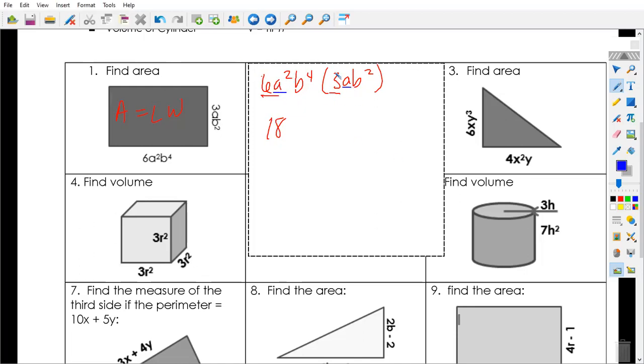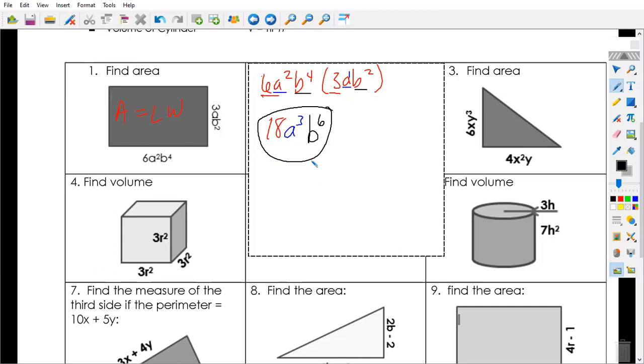Yes. Next, we're on to our a. We have a to the 2, a to the 1. What are we doing with their powers? We're adding them. So we get a cubed. Now we have our b. We have b to the 4th, b to the 2nd. Combine. b to the 6. So what is the area? That's your area. That's multiplication.